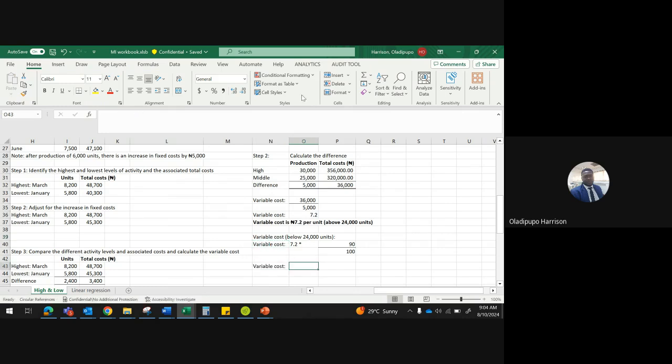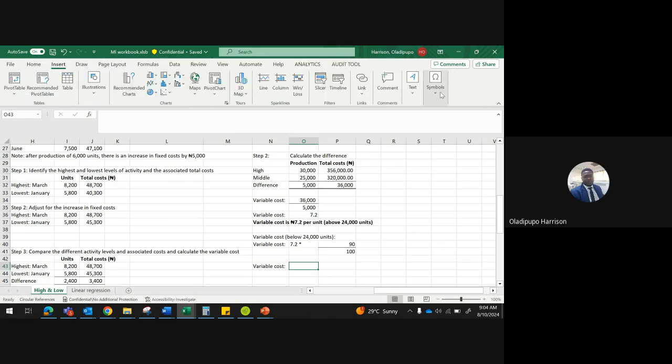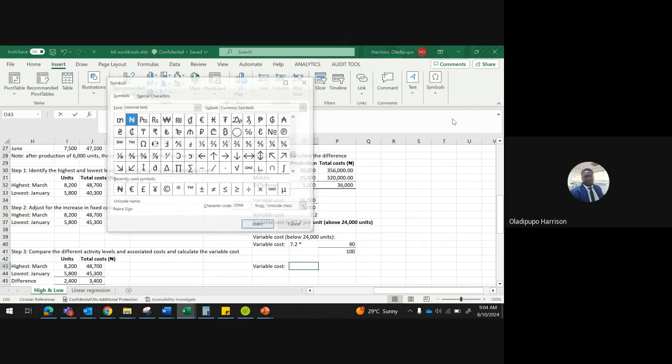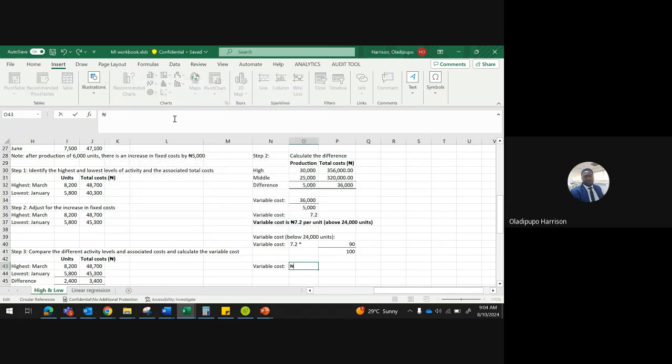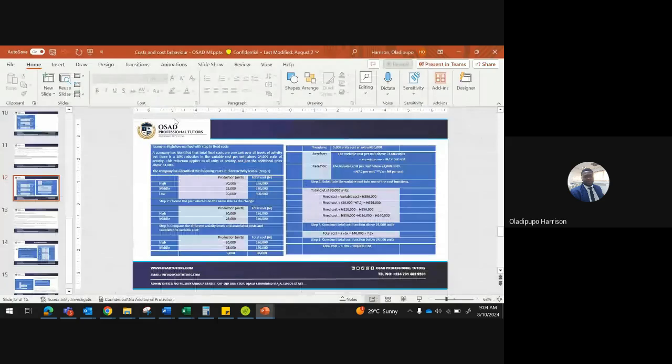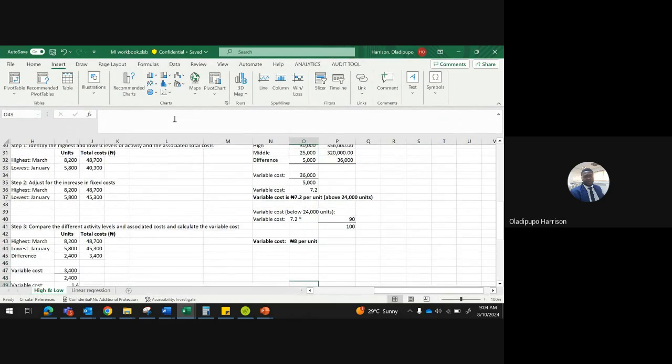We have this to be naira per unit. Yeah, so the next step now will be to create the total cost function.